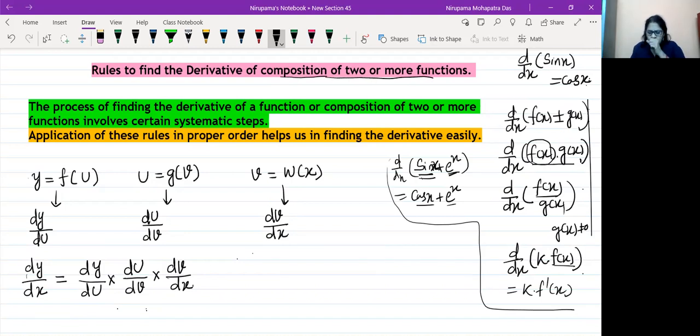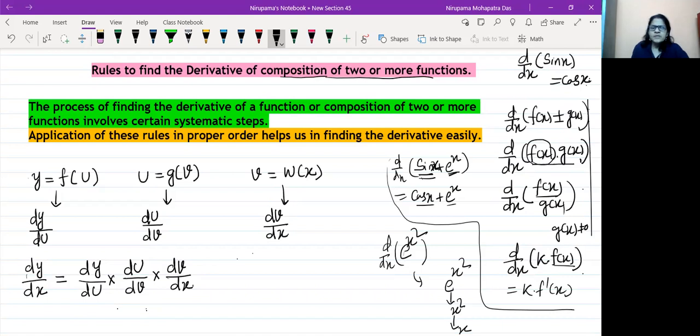It means, suppose you have e to the power x square, and you try to differentiate it with respect to x. We know d by dx of e to the power x is e to the power x. But to find d by dx of e to the power x square, you can observe that e raised to the power x square is related to x square, which is related to x.